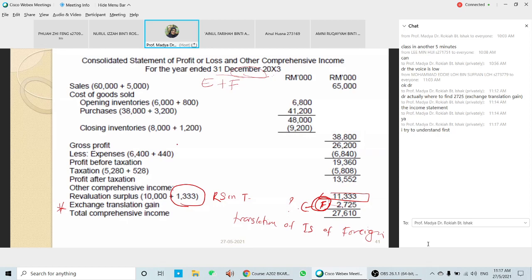Okay, so now you prepare a consolidated statement. If you look here, in the foreign income statement, once you translate, there is an exchange translation gain.